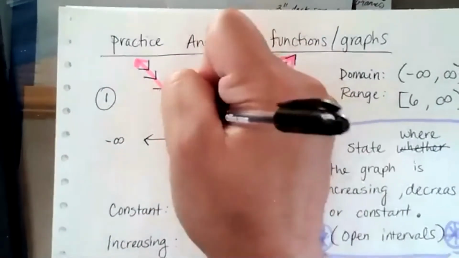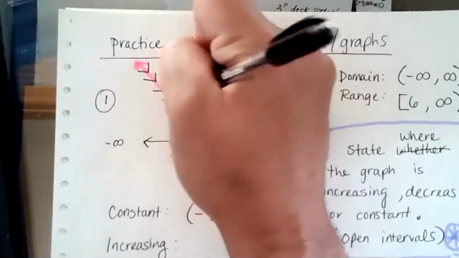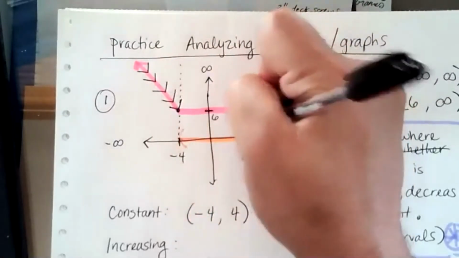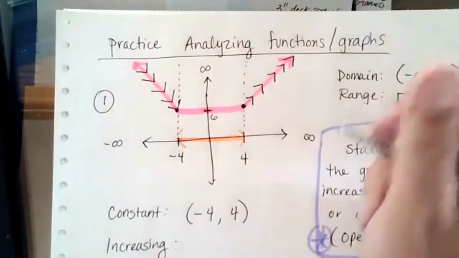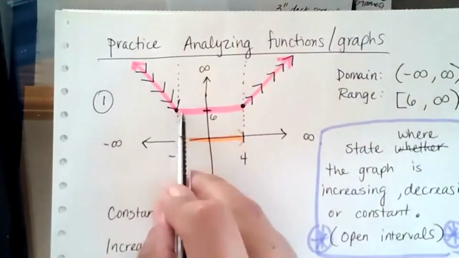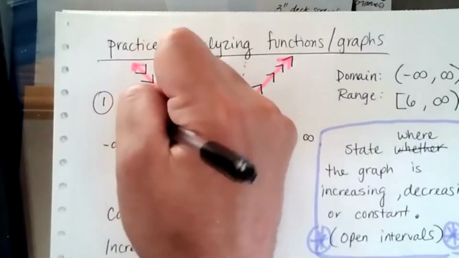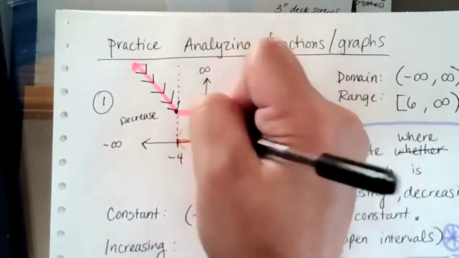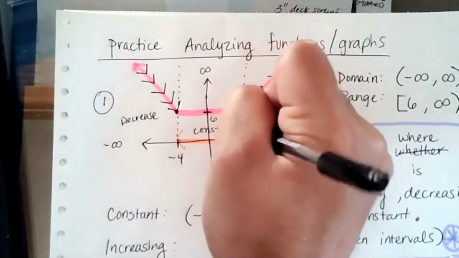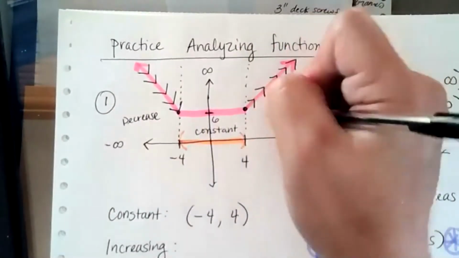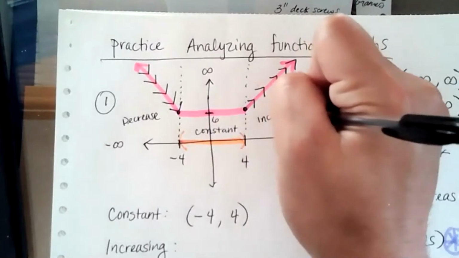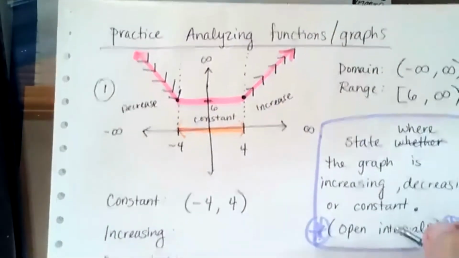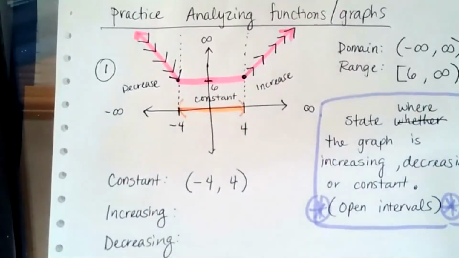So really, if we partition or cut this graph into 3 parts now, this region of the graph is decreasing. I'll just put decrease. This middle part is constant. And this right side is increasing. But what we're concerned about are the values along the x-axis.